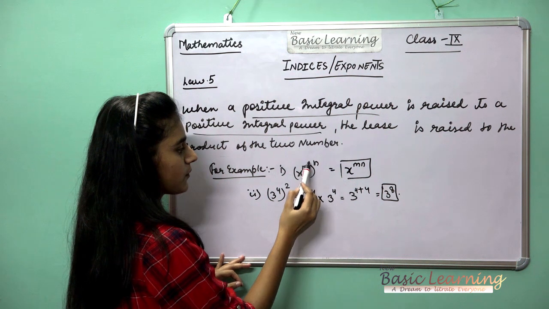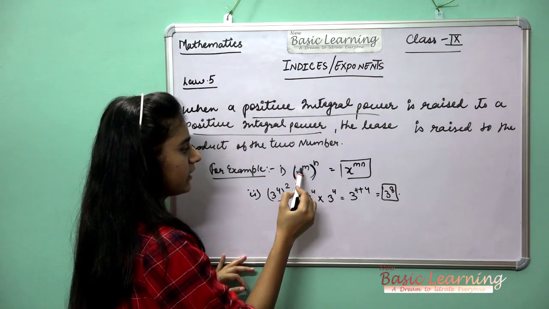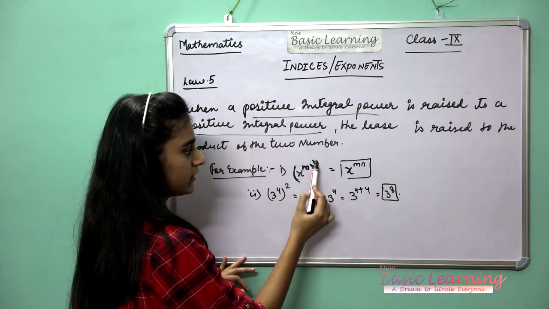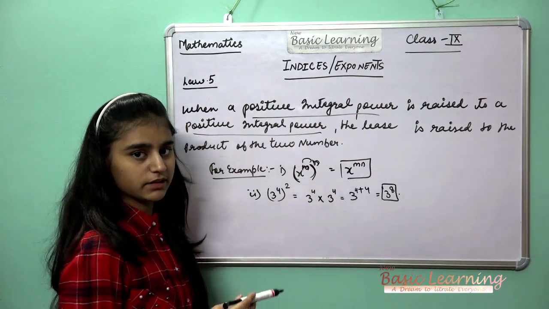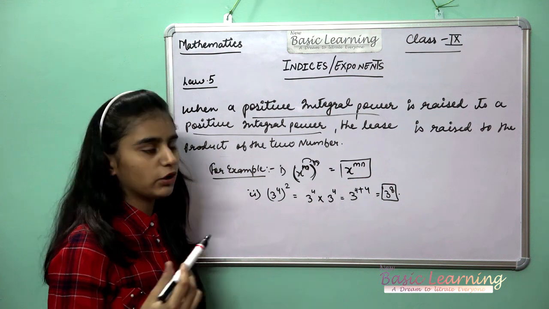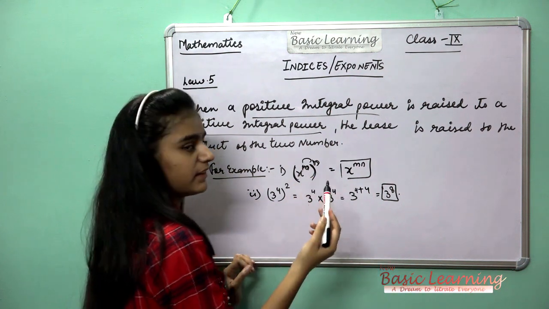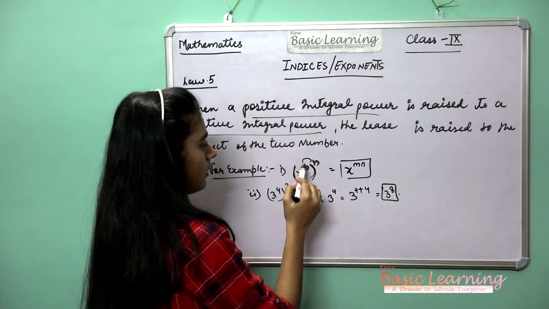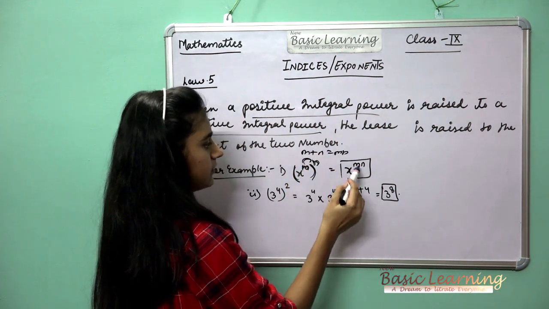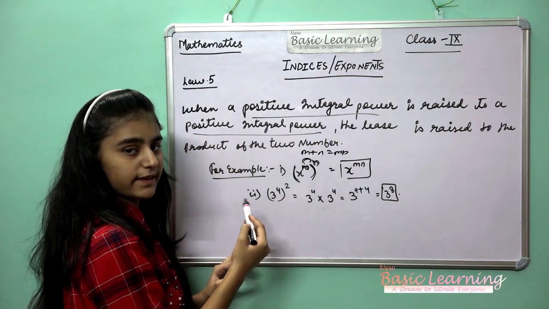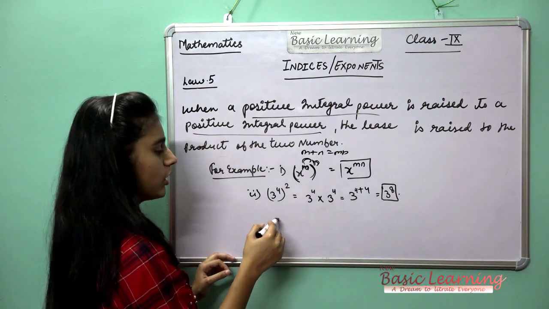That means in the bracket it is m inside and after that n is given. In law 1, I told you we add the exponent and take the base as same. So m plus n gives m n. This is the answer. Now the second example is (3^4)^2.